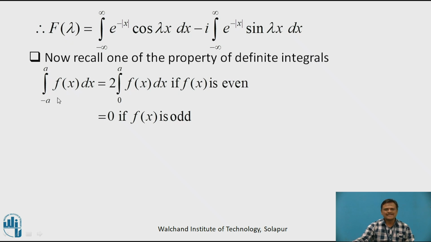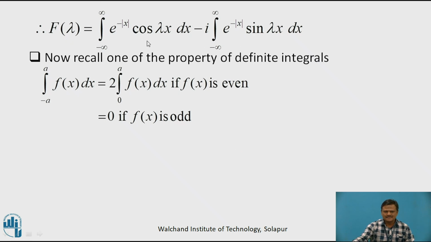Please note, the integral from minus a to a of f of x dx is equal to 2 times the integral from 0 to a of f of x dx if f of x is even, and it is equal to 0 if the function is odd. Now we are going to apply this property to our step.